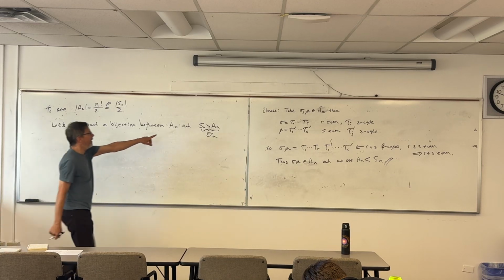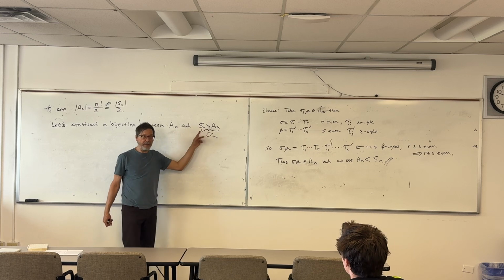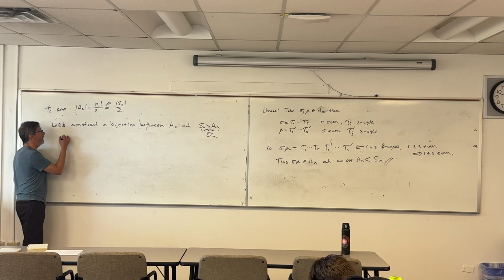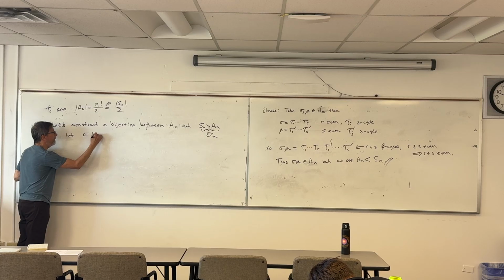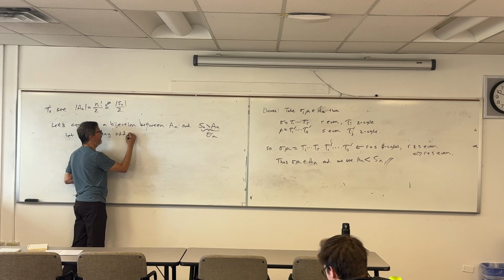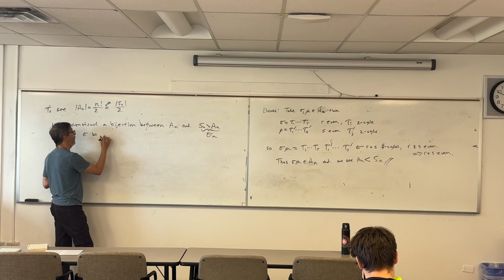Here I'm using set minus, so take that out of there. And here's how we're going to do it. So define, first off, let sigma be any odd, no, actually, let sigma be a transposition.